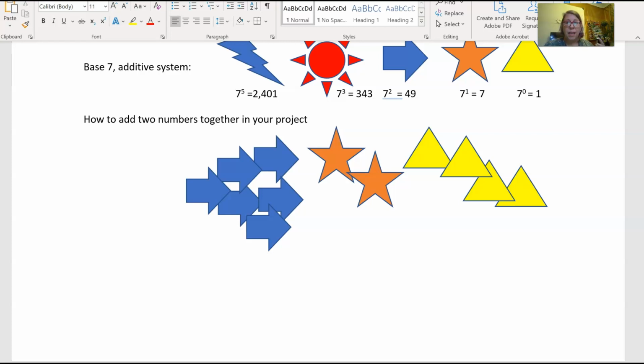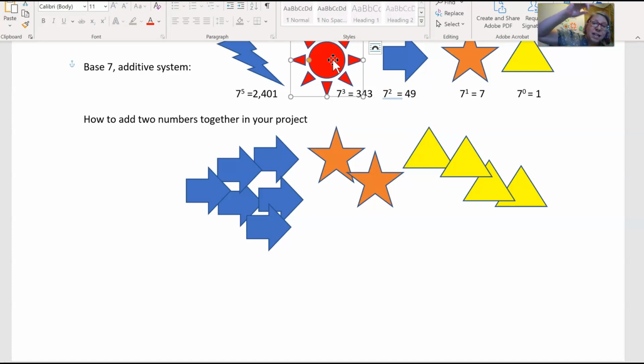Now, as you're making your number, you're going to be doing the same thing. Put down a bunch of your first symbol, put down a bunch of your next symbol, put down a bunch of your next symbol. But this is what I want you to be careful about. I put down 6 arrows. Could I put down one more arrow? No, because 7 arrows would be a sun. I don't want to have 7 arrows.